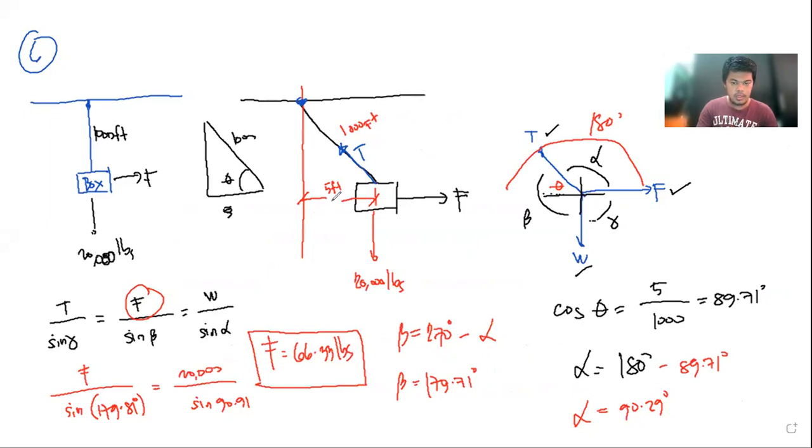So theta here is, okay, let me calculate theta first. 5 feet from the horizontal, so cosine of theta, 1,000, let me check.